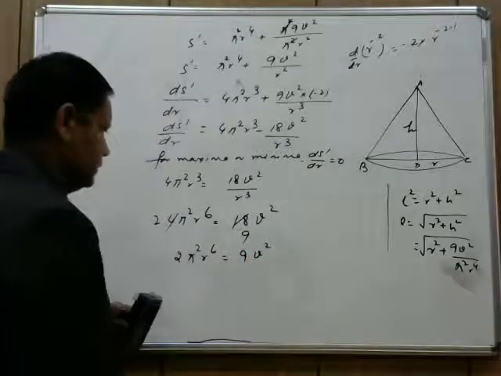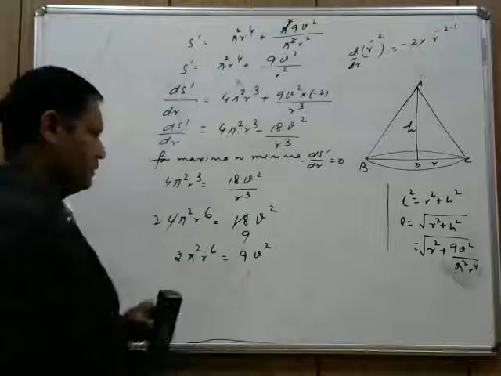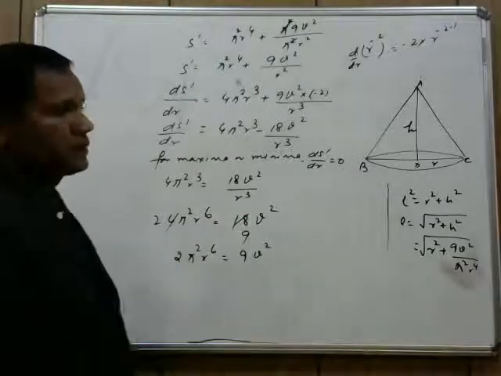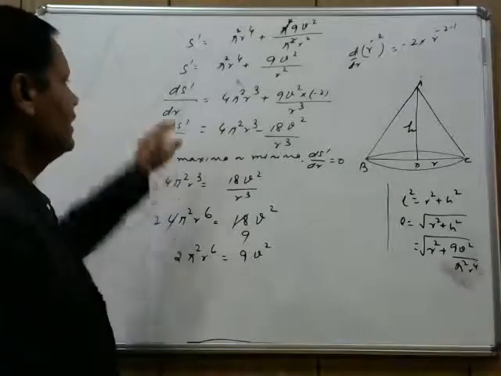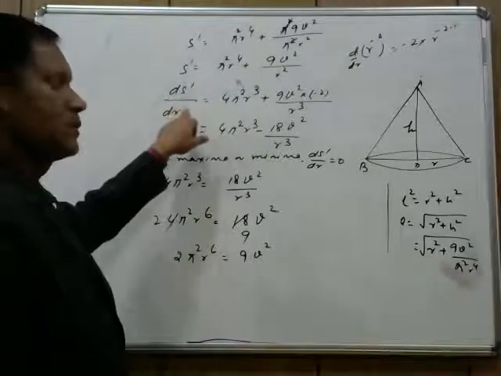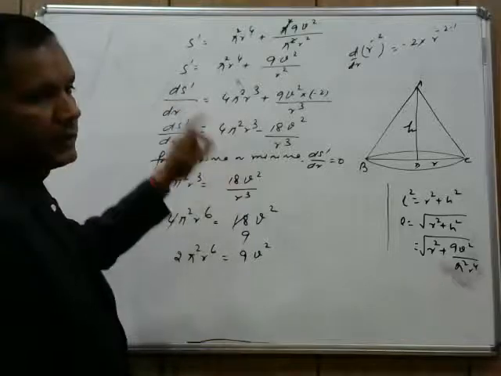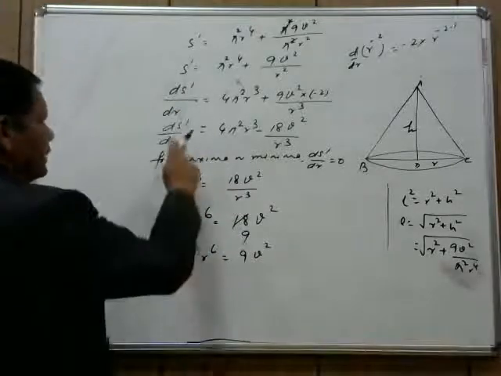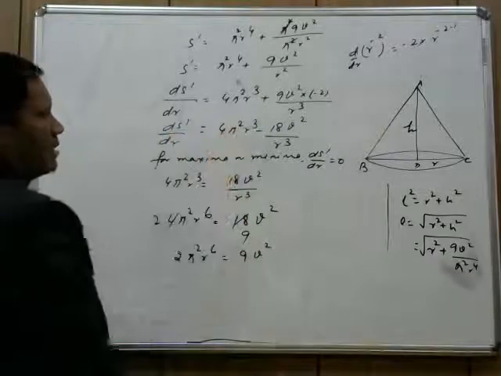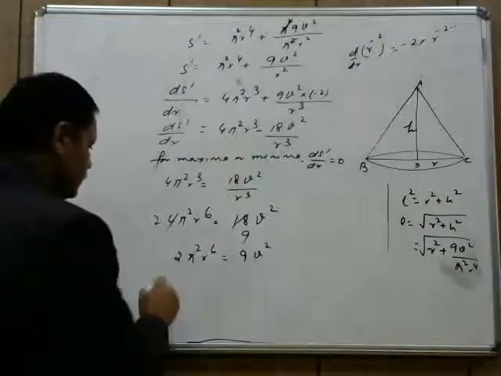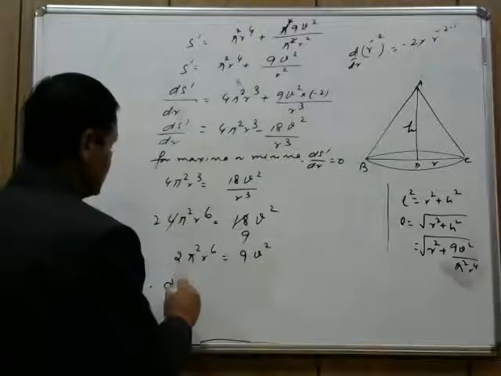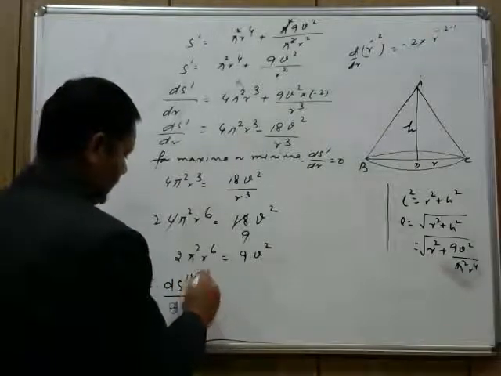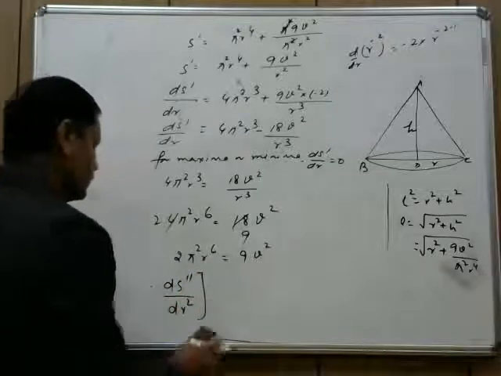Right? This is the relation we have got, and now I have to prove that it has least curved surface area. That means d²S by dr² is greater than 0. This also we have to prove. Okay, so now see here, dS' upon dr, we have this one. Therefore d²S by dr², first we will differentiate it.